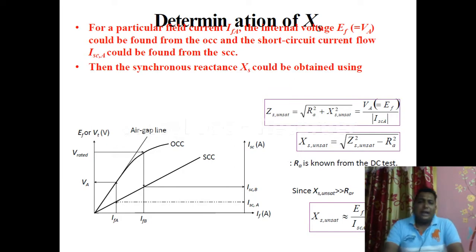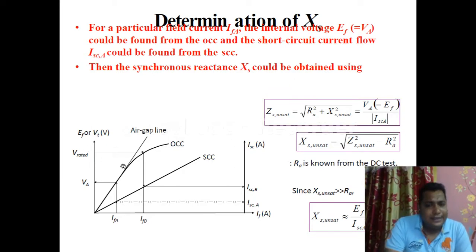If we know those two and divide them, we can find the impedance of the circuit. Follow my pointer, that is Z. The Z formula is VA by ISCA: this is VA, the open circuit voltage, and this is ISCA, the short circuit current corresponding to it, not IFA.